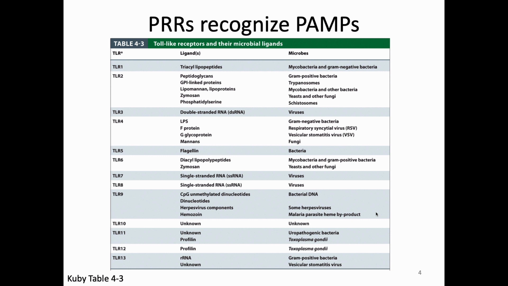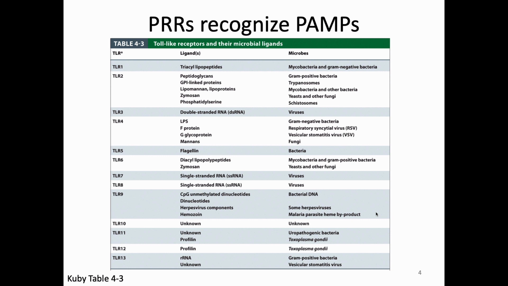So PAMP is also an acronym. The P at the end stands for pattern, because it's a microbial pattern. And in fact, note that the pattern is recognized by the pattern receptor. So these names kind of work together.